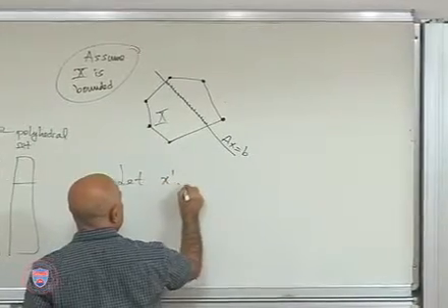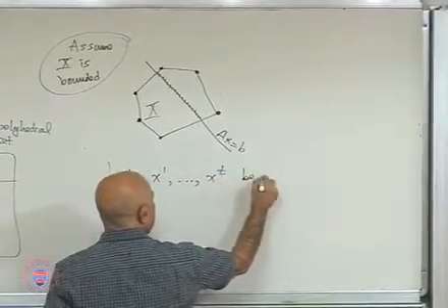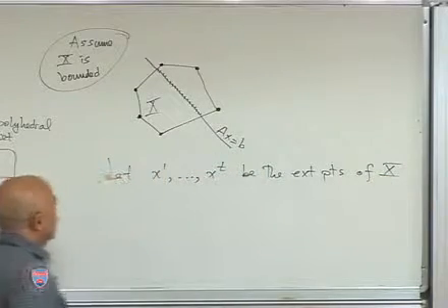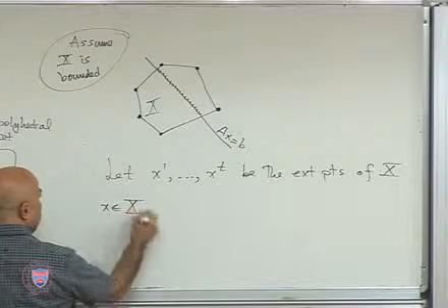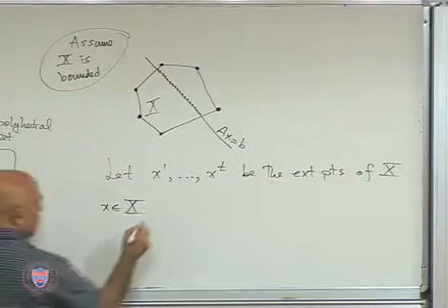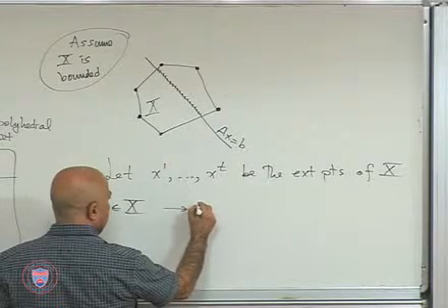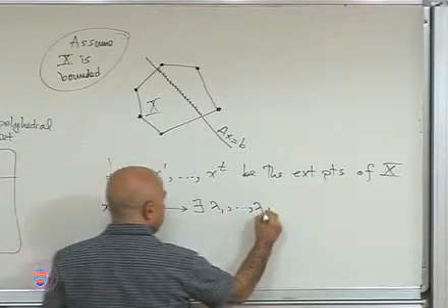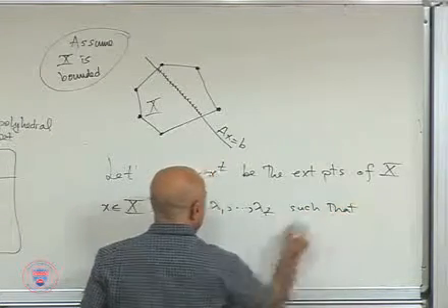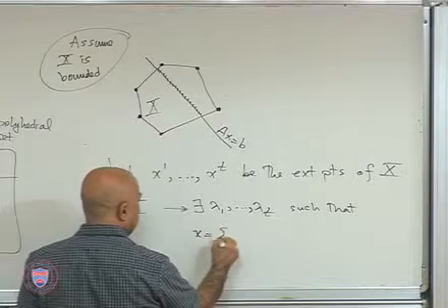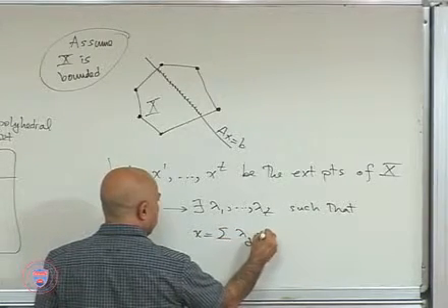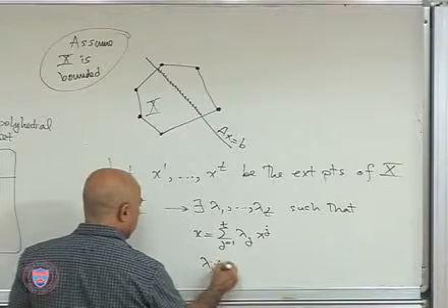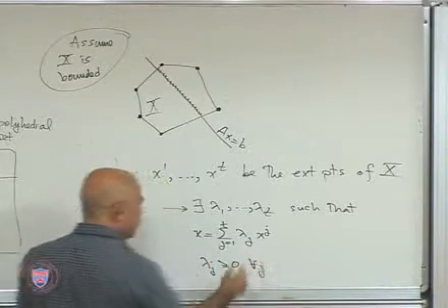So let, for example, x1 up to xt be the set of extreme points of X. And then for any point X in the polyhedral set capital X, we have multipliers lambda 1 up to lambda t such that X is equal to the sum of lambda j times xj, j going from 1 to t, with lambda j's being non-negative for every j going from 1 to t.